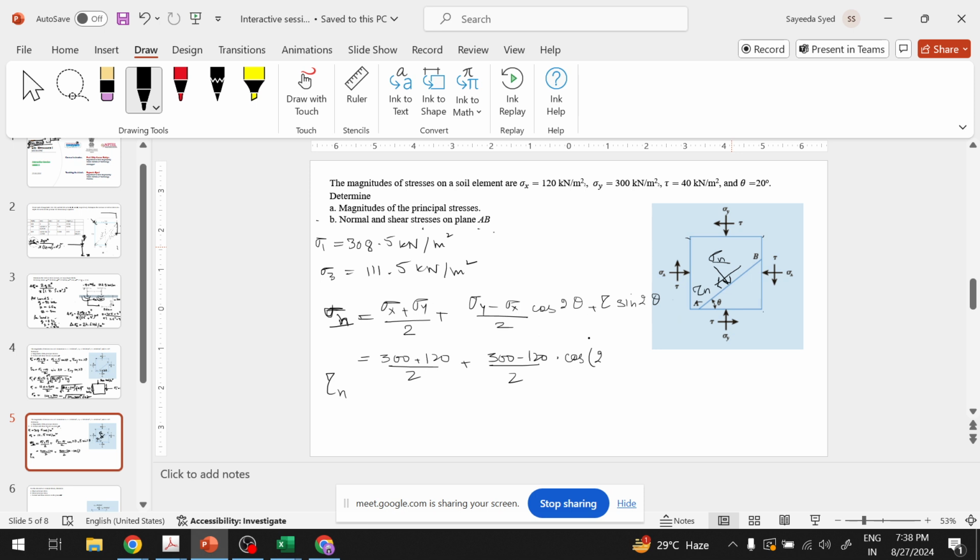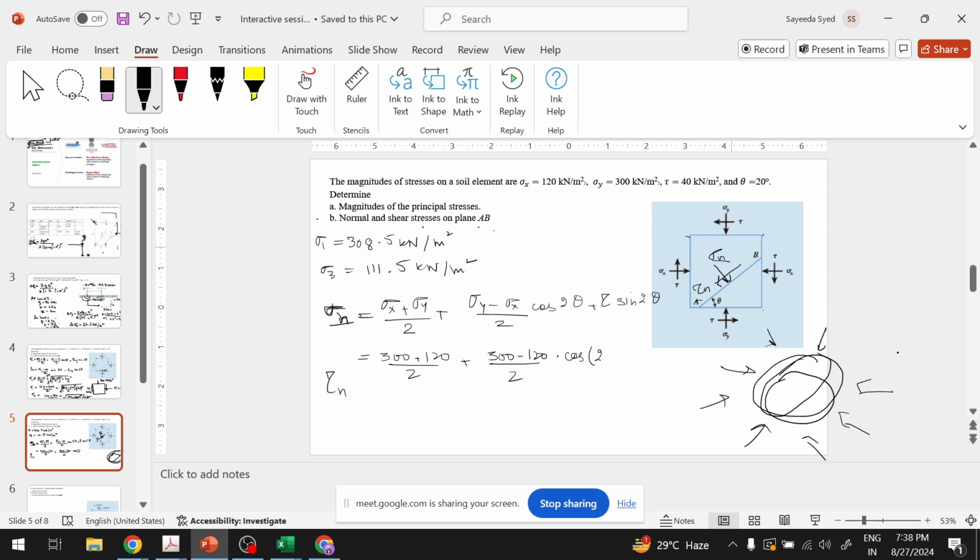Do you understand that? Do you know why we are calculating it over a plane? As I mentioned before this, when you have a body which is three-dimensional, you are applying many external forces to it. You want to assess what is the stress in the body due to these forces.